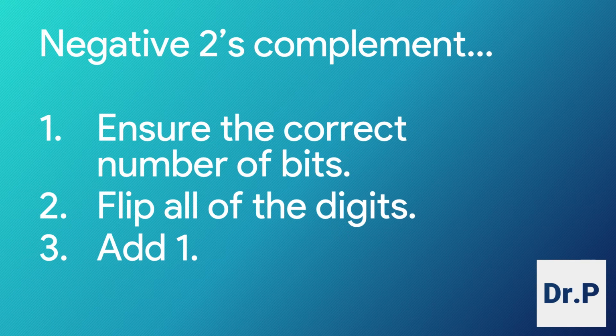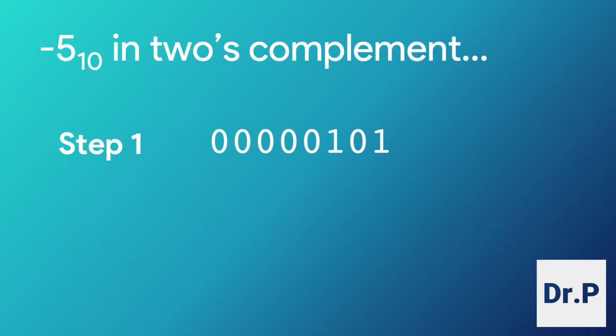So let's go back to our number 5 in base 10. To get the number negative 5 in base 10 as an 8-bit 2's complement number, we start by converting positive 5 in base 10 to an 8-bit binary number. That's step 1. Remember, we also need to make sure that 5 is going to fit in 8 bits. And it does.